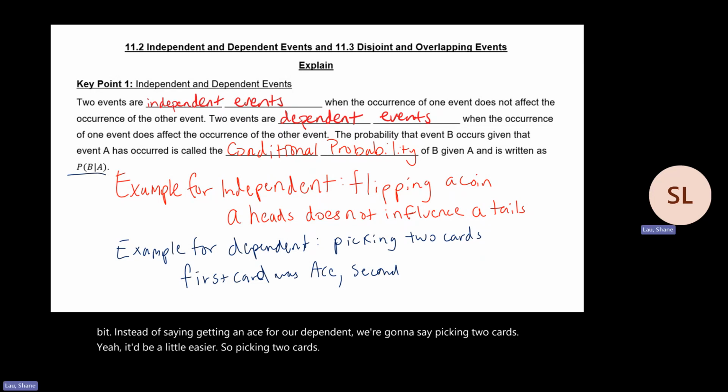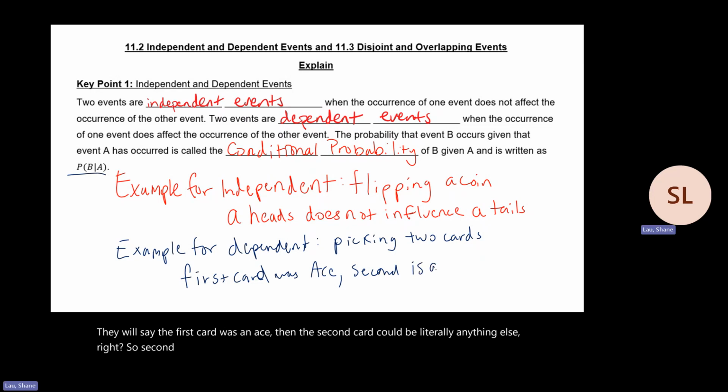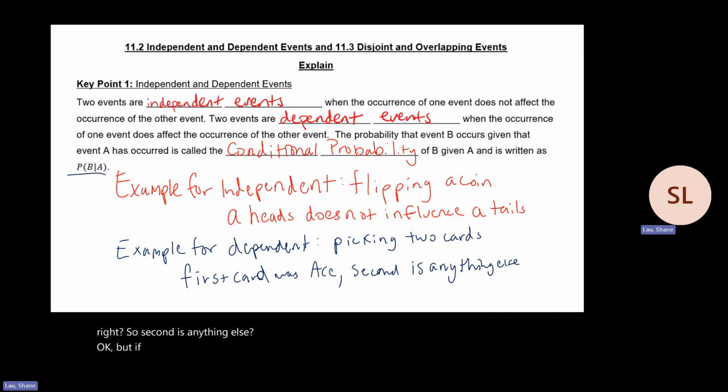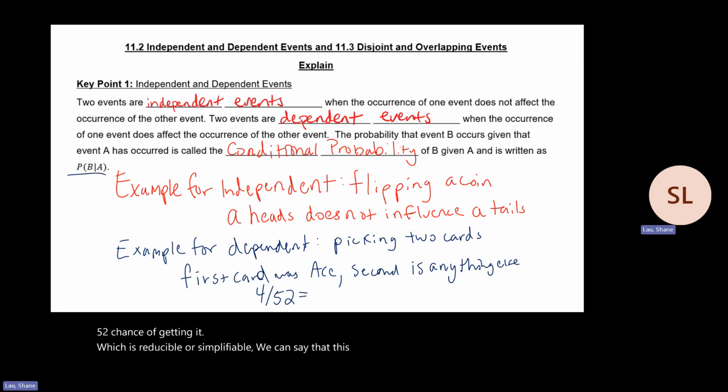Then we'll say the first card was an ace. Then the second card could be literally anything else, right? Okay. But if I pull the first ace, there are four aces in the deck of 52 cards. So I have a 4 in 52 chance of getting it, which is simplifiable. We can say that this is going to be equal to 1 over 13.